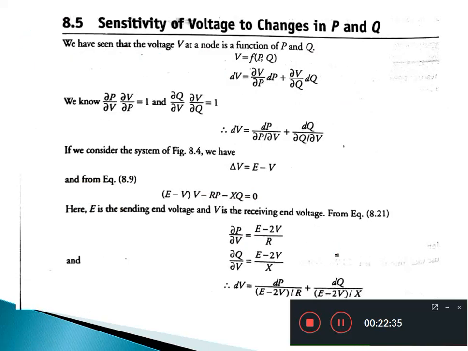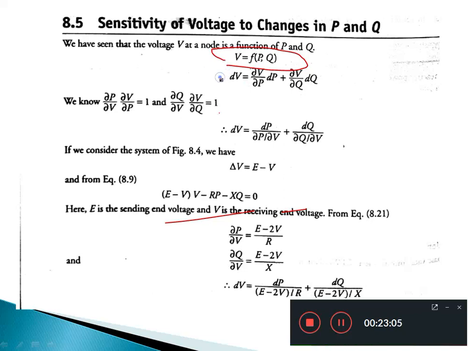So let us discuss one more derivation, that is the sensitivity of voltage to changes in real and reactive power, that is P and Q. Previously I derived the equation for the variation of voltage with reactive power. But here we are discussing the change in real and reactive power with respect to voltage. We know the general equation: V is a function of real and reactive power.